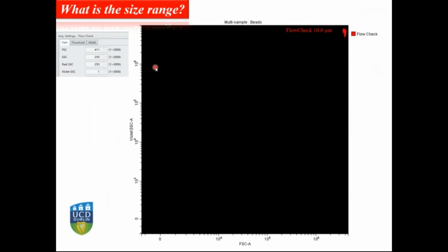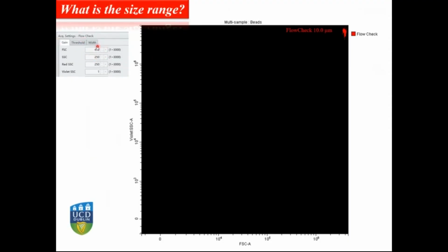So to be able to know what's the size range I have in this dynamic range, what I've done is look at different quality control beads that we have in the lab, to see what is the range of populations that we can fit easily into the CytoFLEX SRT without changing my forward and side scatter.